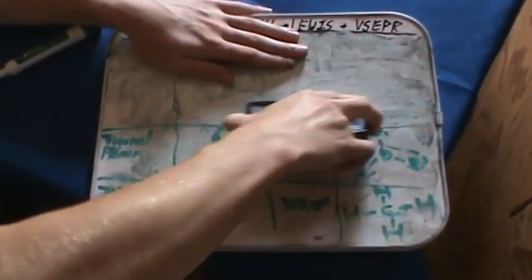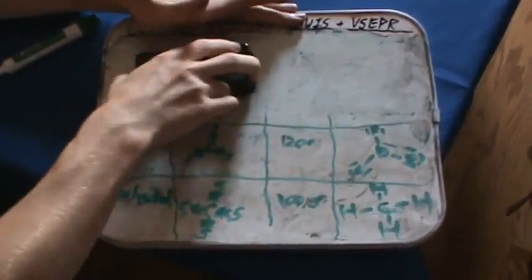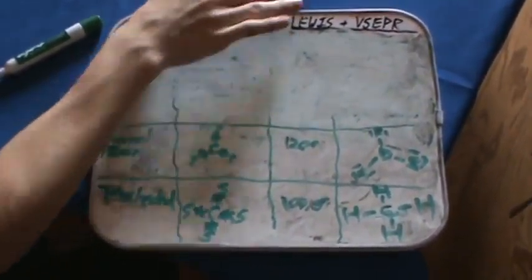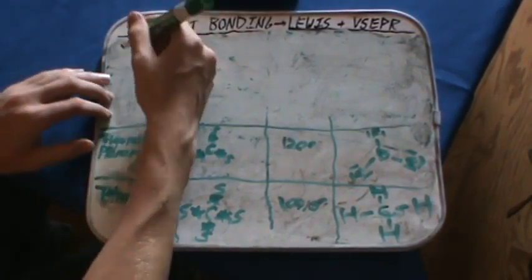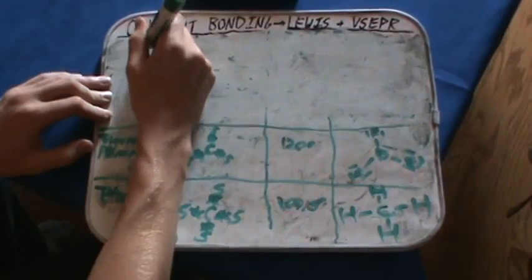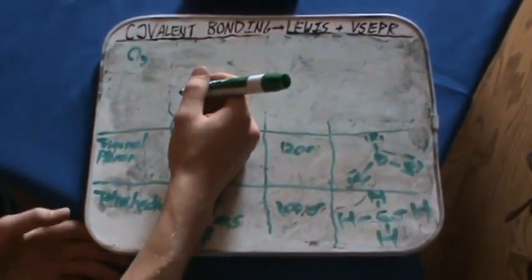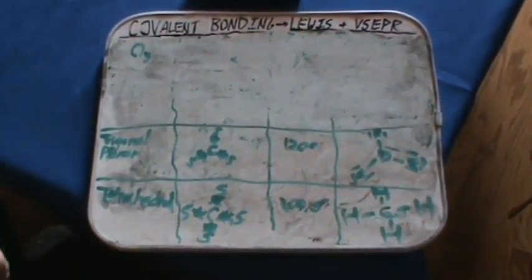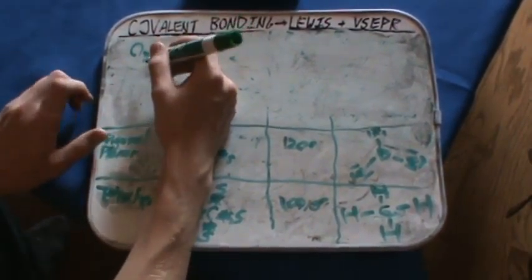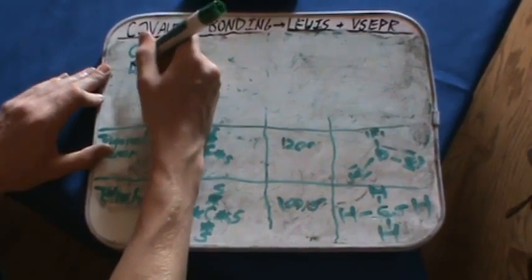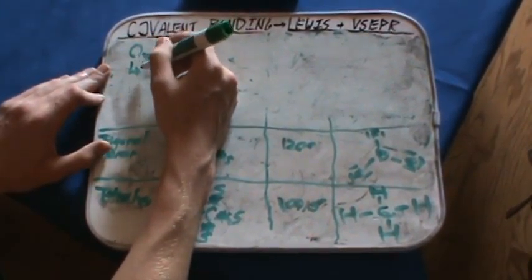Okay, so now we are going to talk about ozone. So ozone has the chemical formula of O3. This means that it has 3 oxygens making up the molecule, which means that it has 6 valence electrons per oxygen, 3 oxygens.